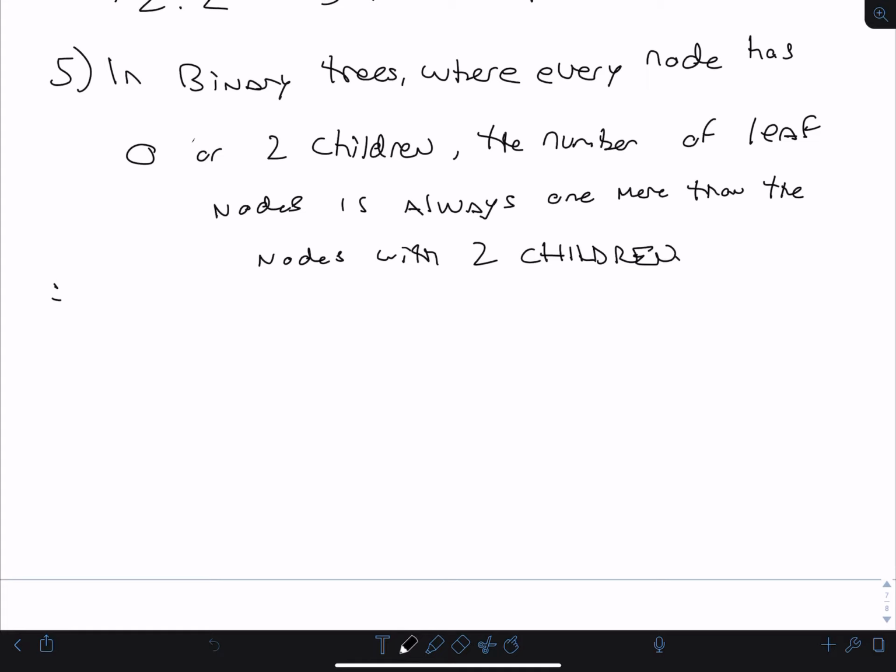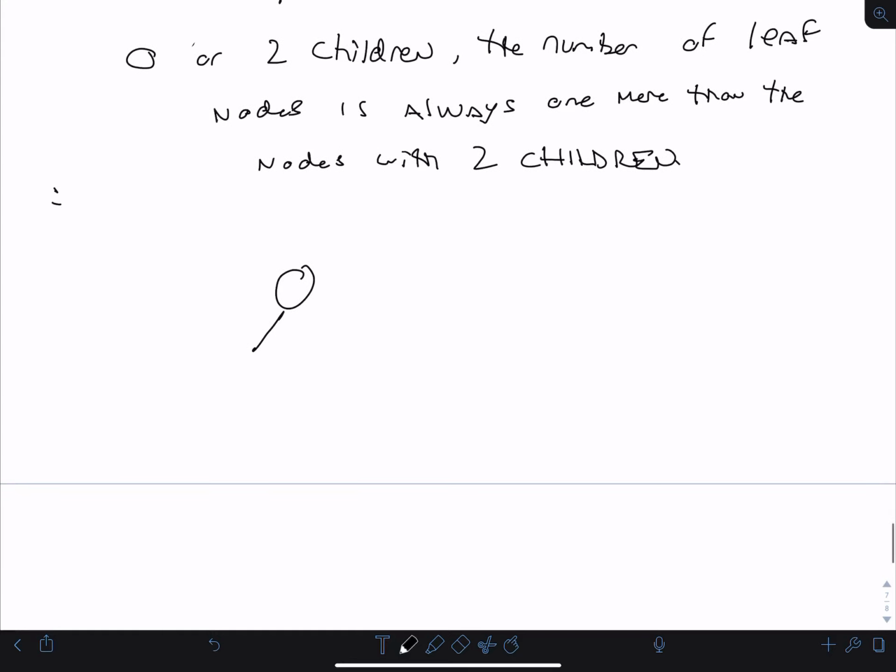And internal nodes are nodes that have children. And of those internal nodes, we are saying that there's always going to be one less than the number of leaf nodes, or one leaf node more than the number of internal nodes that have 2 children. So, an example. Suppose that we have the following tree.